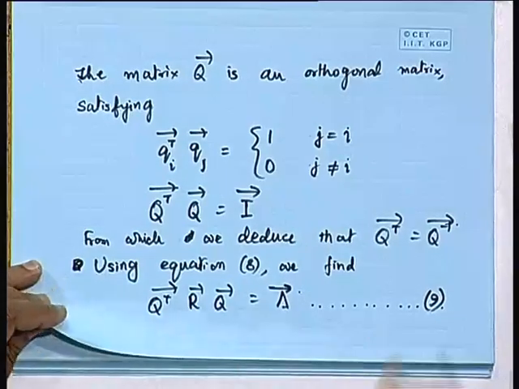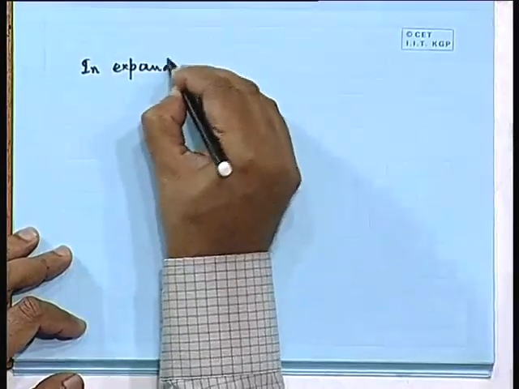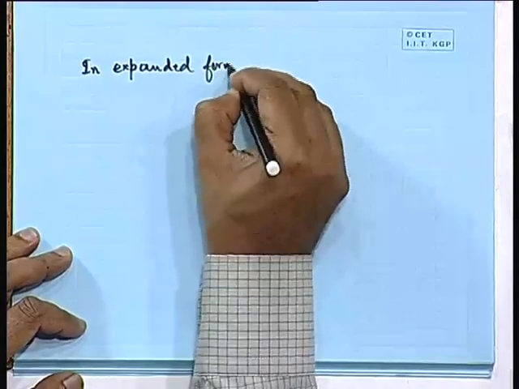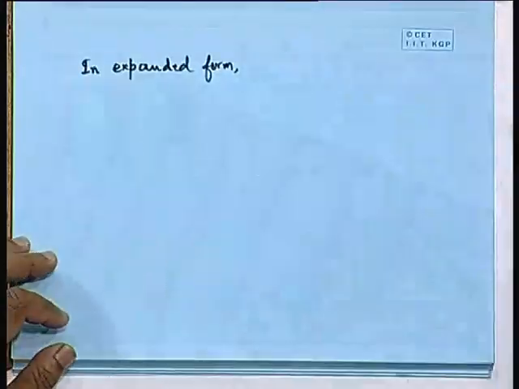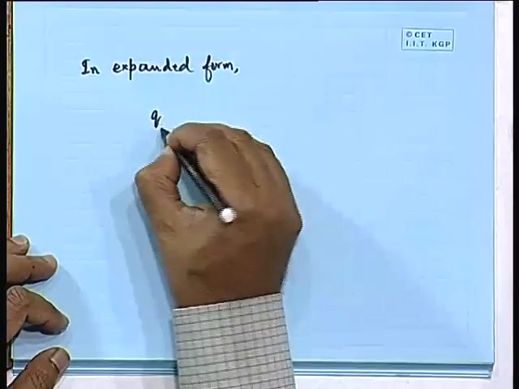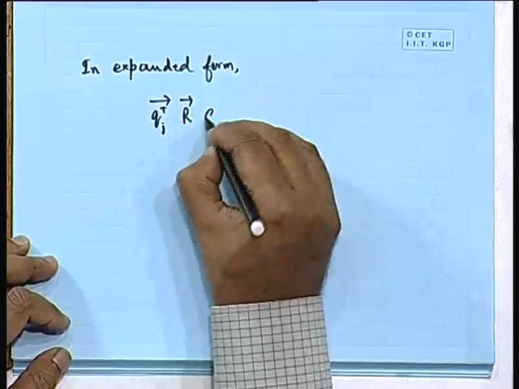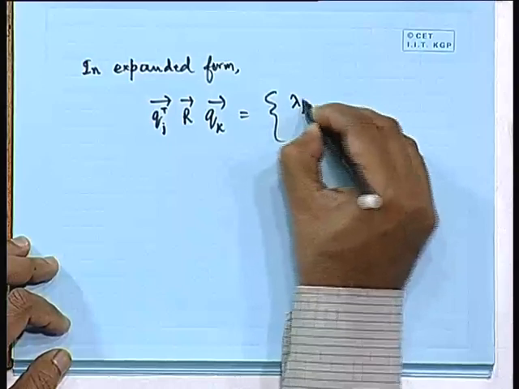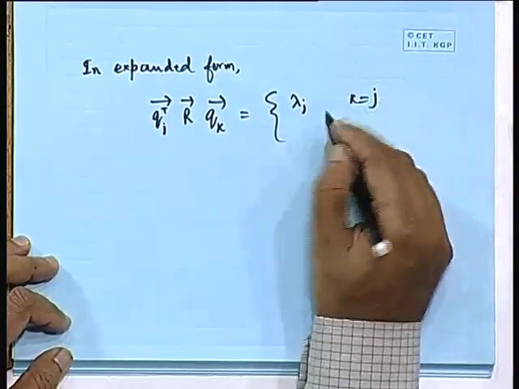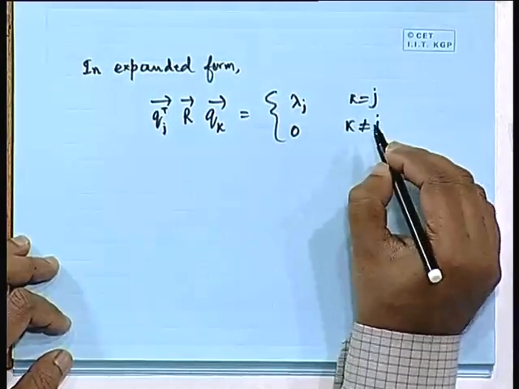In expanded form, the same thing, that is Q transpose R Q is equal to lambda, can be rewritten as Q j transpose R matrix Q k, that is equal to lambda j for k equal to j, and that is equal to 0 for k not equal to j.